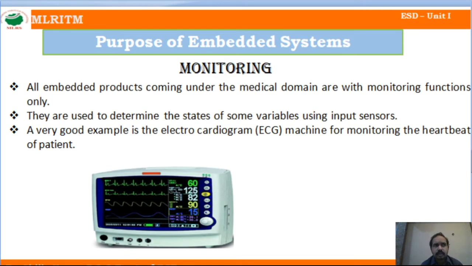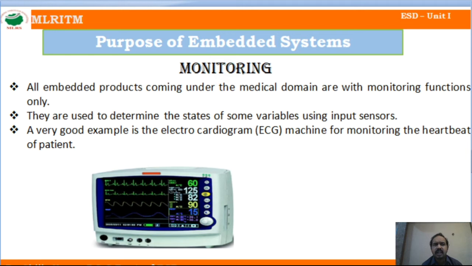This is a very precise piece of equipment. There is no chance for errors, because it is all related to healthcare management. It consists of very variable sensors. These sensors will connect to the heart, not directly, but placed on the chest area of the patient, and continuously this ECG will be monitored.